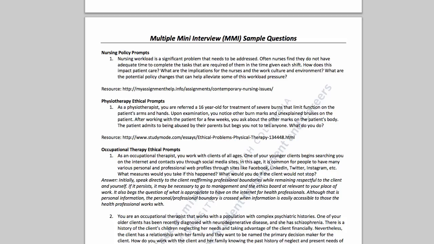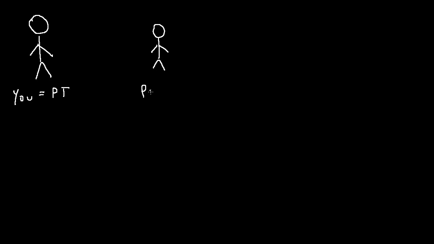So let's open up the blackboard over here. All right. So in this case, we are the physiotherapist, and just because we are not a doctor, we still have certain things that we want to look out for. So we are the PT, and we have a patient over here. So what do we know about this patient? We know that they are 16 years old.